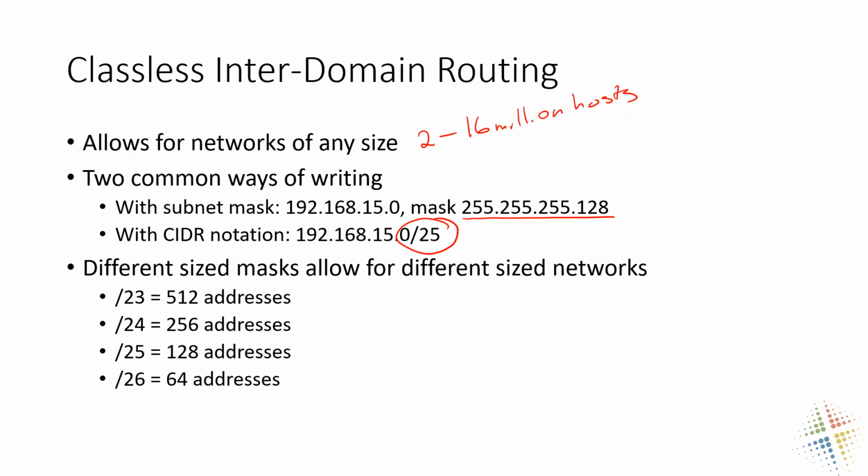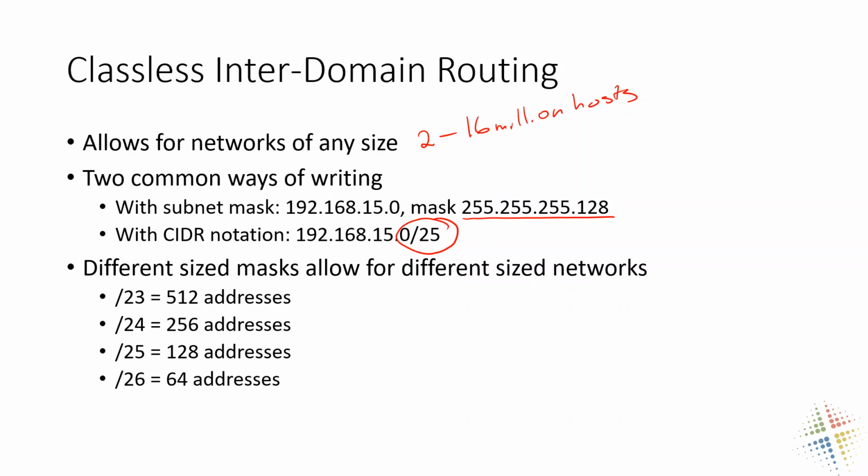Those are both exactly the same thing. They mean the same thing. The 255.255.255.128 is equal to a /25 for the CIDR notation. Exactly the same thing. One is just possibly easier to write than the other, while the other one is easier to possibly understand at this point.